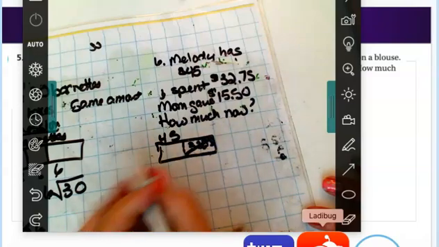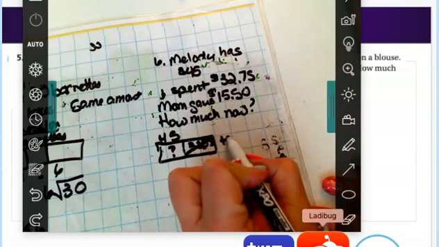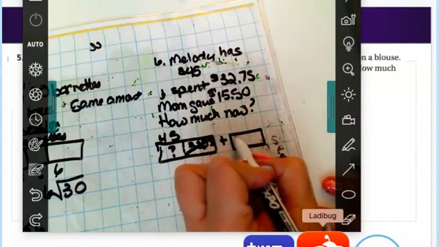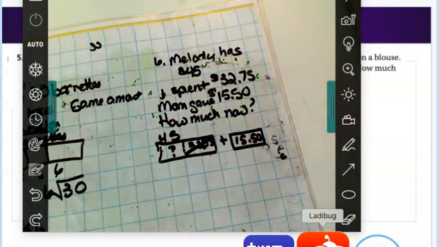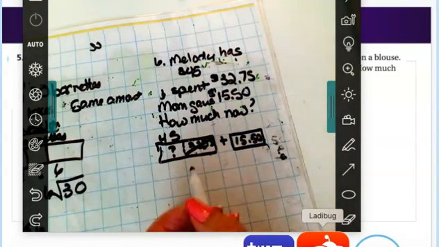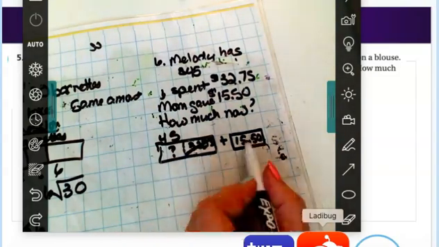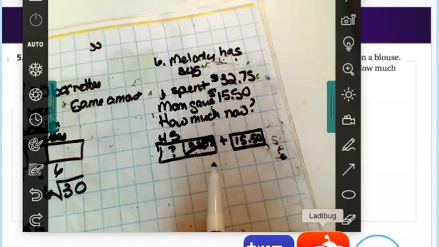Do you see that? So I don't know how much she has left here. But then mom's going to give her $15.50. Just by mapping it out with my bar charts, I can see what I need to do. I need to first take away $32.75, and then I need to add to that $15.50 to find out how much she has now.